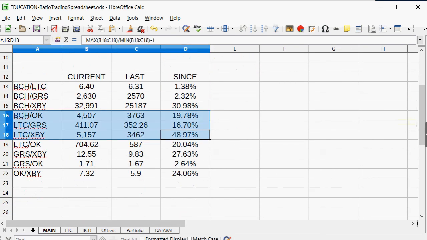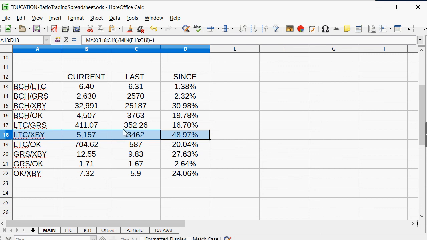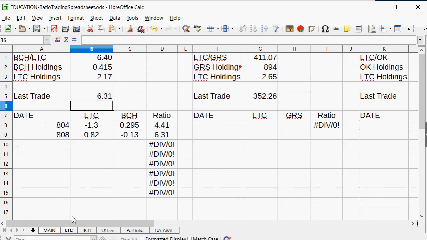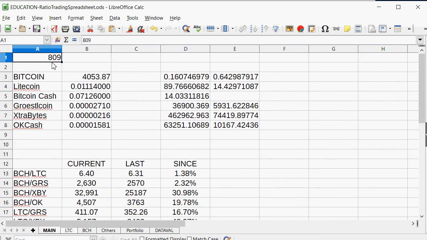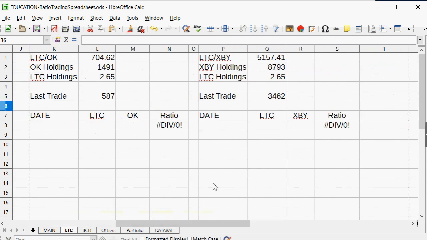So the biggest move right here is this 49. Litecoin and XBY, it went higher, which means that Litecoin is overperforming that of XBY. And I'm going to change the date in here, 8/13. I'm going to have to do that manually. That's fine. So we have 2.65 Litecoin, a decent sized move.